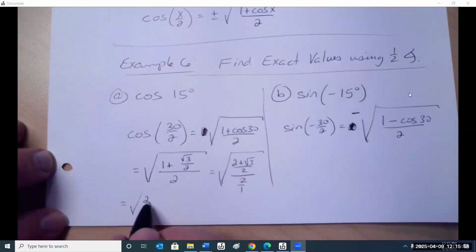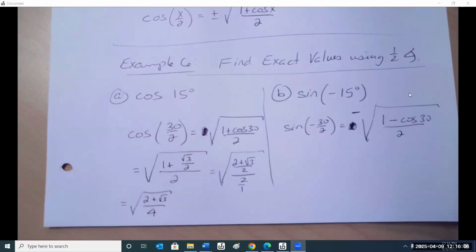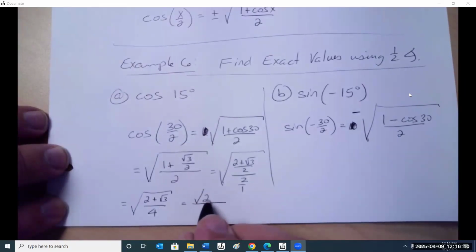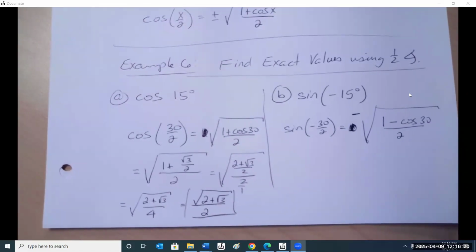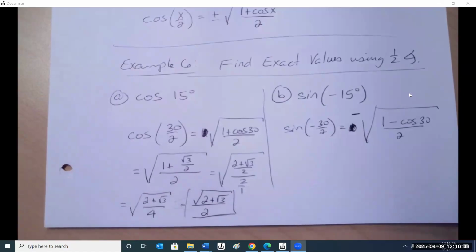So we have the square root of (2 plus square root 3) over 4, which is square root of 2 plus square root of 3 over square root of 4, which simplifies to 2. I just split these up, top part and bottom part.